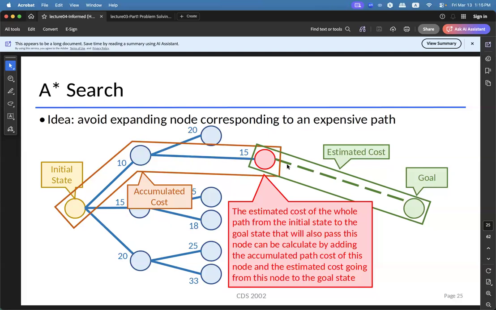And after we do that, we can estimate which path is likely to get to the goal state with the least cost, okay? And then we select that path for expansion. And essentially, when we are talking about selecting a path, we are also talking about selecting a terminal node. So that is the mechanism of selecting a terminal node in the A-star search.